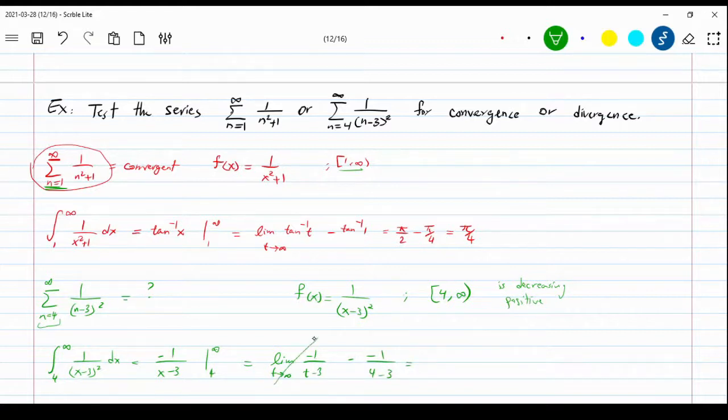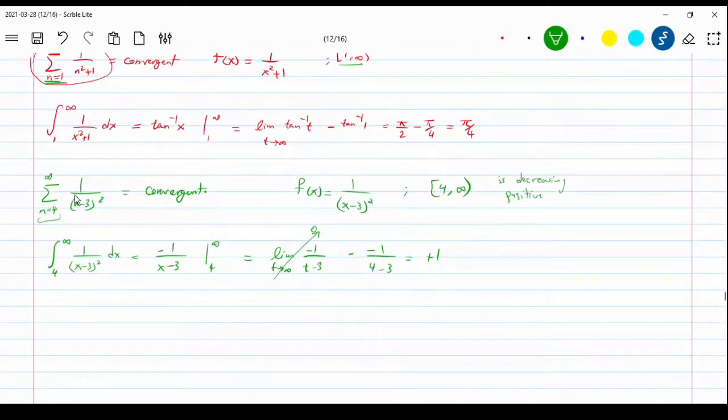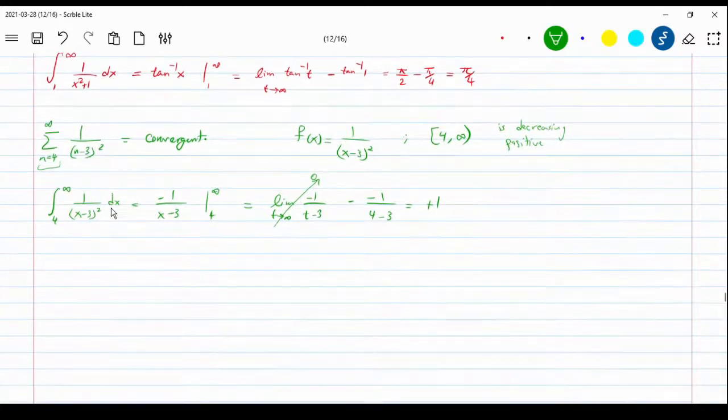So this is approaching 0, since the denominator is approaching infinity, and you will end up with positive 1. So what can I say is, since the integral is convergent, this series must also be convergent. Again, the result is not 1, don't write 1, it only tells you that it's convergent or divergent.